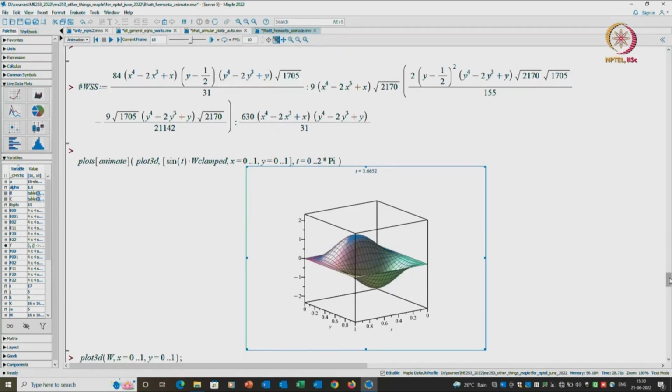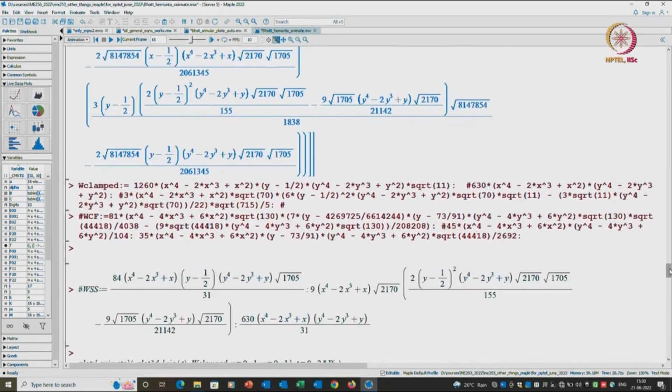Then let us do one more higher order mode.